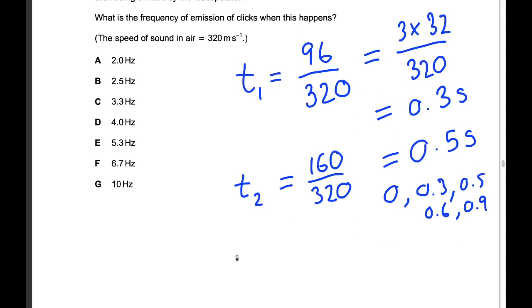If you were producing a click every 0.1 seconds, if that was your frequency, then you would have an echo coinciding with clicks. So if it happens every 0.1 seconds, that's our time period between clicks. 1 over the time period gives our frequency, and 1 over 0.1 is 10 hertz. So that's the answer there.